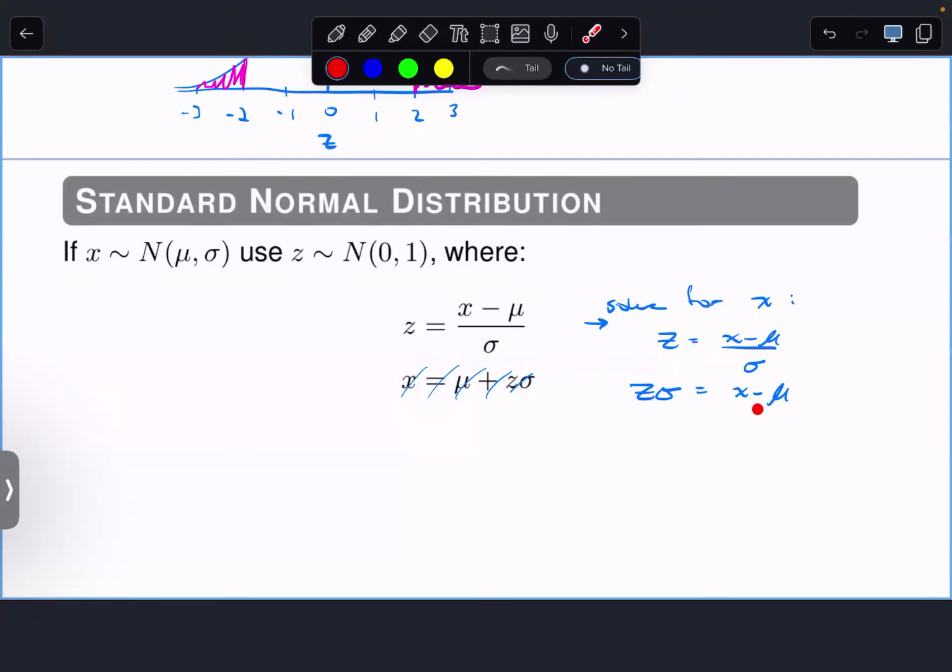Then you're going to add mu to both sides. Z sigma plus mu is X, but that is just this rearranged, right? Mu plus Z sigma. So you don't really need the second one, but it's on there because we're going to be working, I call it backwards or forwards and backwards, but we're going to be solving for Z. And then we're going to be given a Z and solve for X instead.